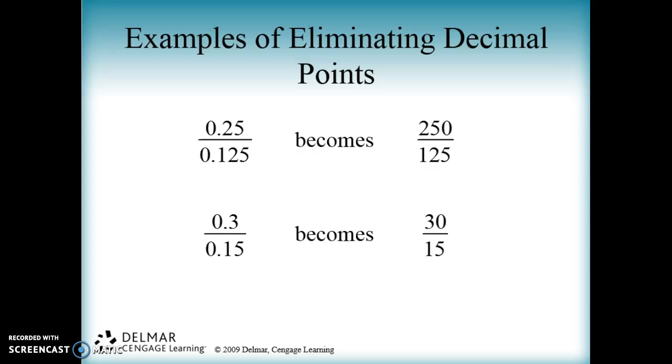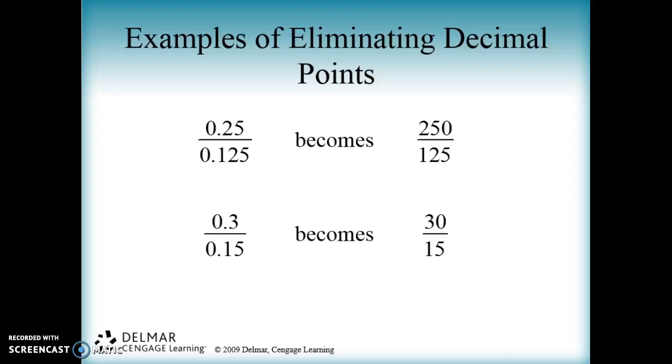So here's what it would look like. We move the decimal all the way to the right on the 0.125. That was 3 places, which means we have to do the same thing to the top, moving it 3. On the bottom example here, we have to move it 2 places, so we move it 2 on the top. Whichever one you have to move the most, you move both of them that many. And then you go ahead and divide.